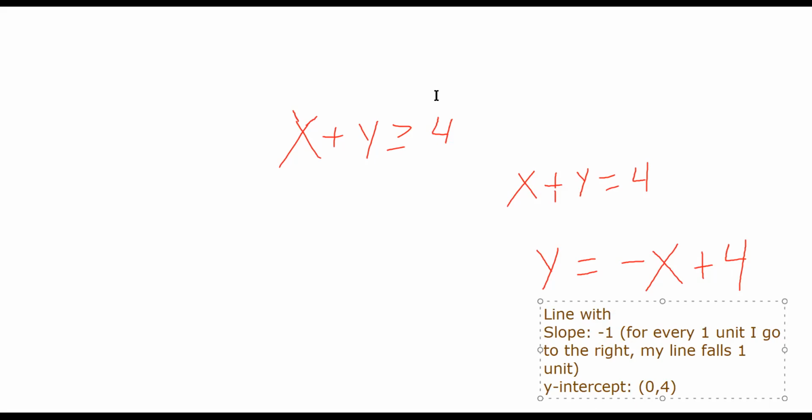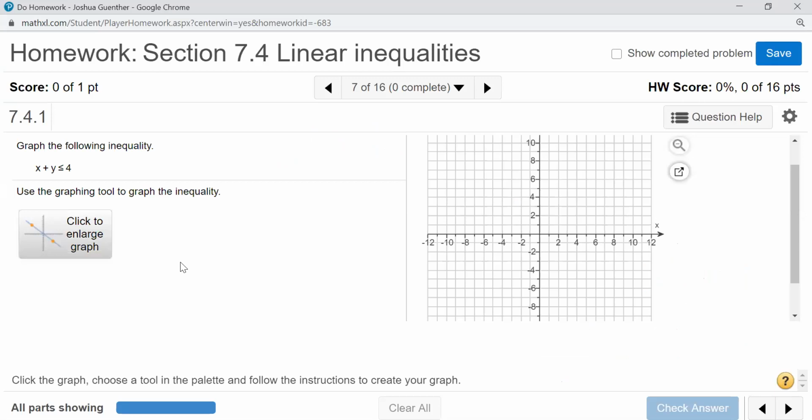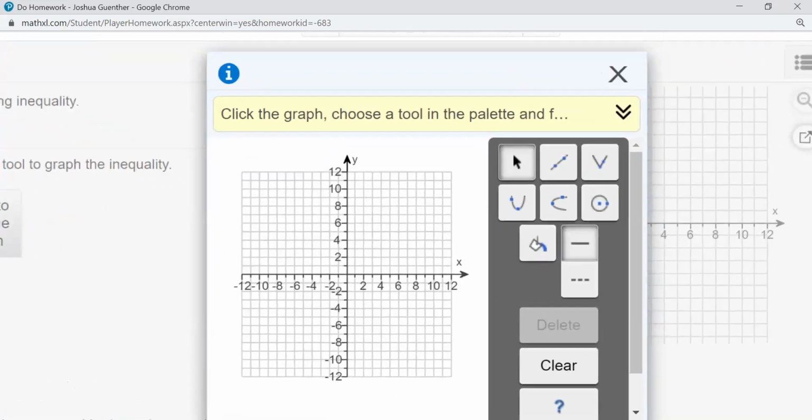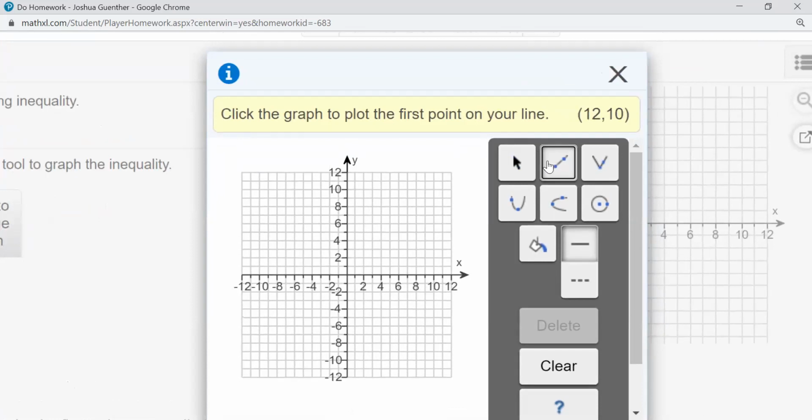All right, so now let's go back and graph that. Here we are. We will enlarge the graph. So it's negative x plus 4. I'm going to select my line tool, look for the point 0, 4, and click it.